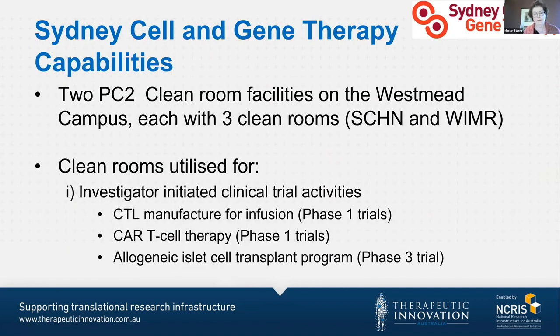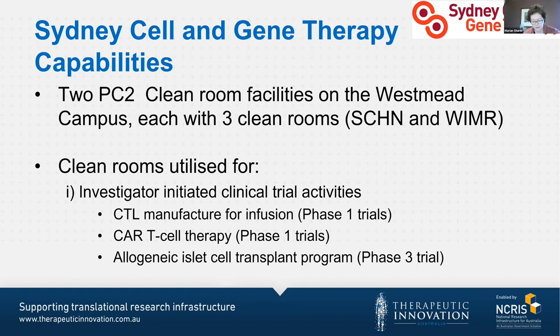Now, the Sydney Cell and Gene Therapy capabilities are located at the Westmead campus and comprise 2 PC2 clean room facilities, each with 3 clean rooms. And these facilities provide 3 main functions.